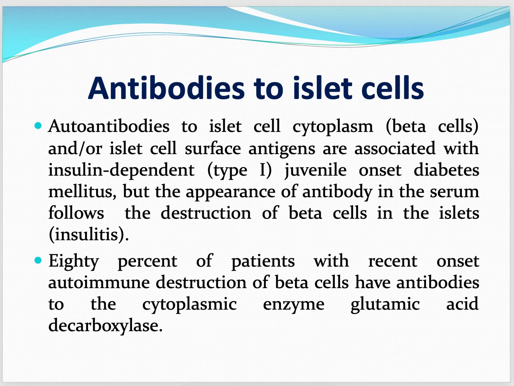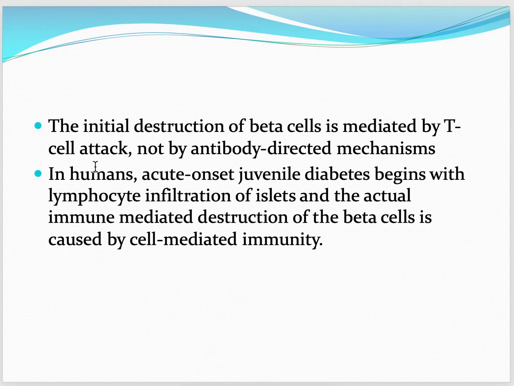In this case, the initial destruction of beta cells is mediated by T cells, not by an antibody-directed mechanism. In humans, acute onset juvenile diabetes begins with lymphocyte infiltration of islets, and the actual immune-mediated destruction of the beta cells is caused by cell-mediated immunity.